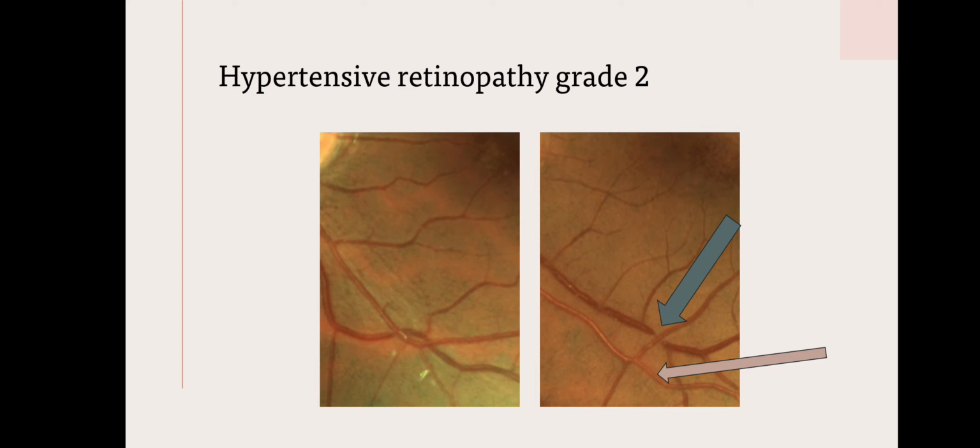You also have increased reflectance of the arterial wall, which is seen as copper wiring, and progressively silver wiring when the blood vessels are so opaque that the blood column is not seen. Here we can see the green arrow pointing to the junction of the AV crossing, and we can see the artery is pinching the vein so that the vein is seen tapering where the AV crossing occurs. This is known as Gunn sign.